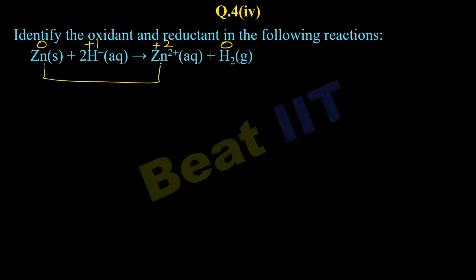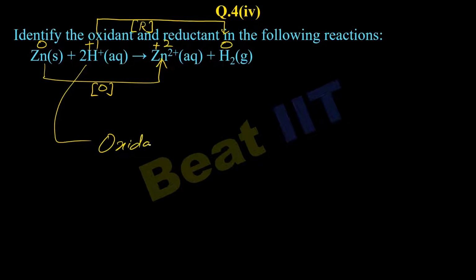From 0 to +2 oxidation state, increase in oxidation state, zinc is getting oxidized. From +1 to 0 oxidation state, decrease in oxidation state means hydrogen ion is getting reduced. The species which is getting reduced is oxidant. The species getting oxidized is reductant.